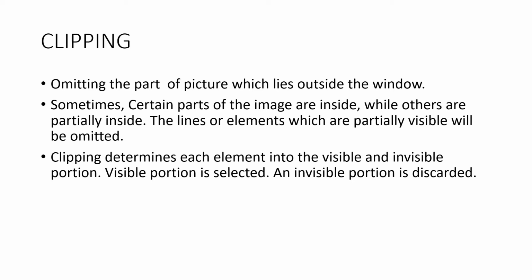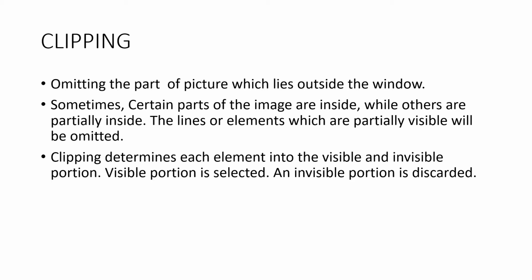Now we can only see the part which is inside the window. The part which is outside the window has already been omitted. So sometimes certain parts of the image are inside, while others are partially inside. So these are two cases. Sometimes we have an image in which some objects are inside and some are outside.